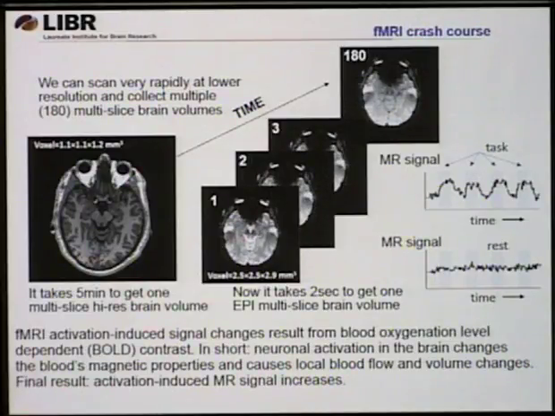But say, for example, we flash the subject with some visual stimulation. I told you about the visual cortex at the back; you see some colored stuff here. Nothing happens at first, and then the stimulus is shown here as a gray bar. That means that whatever the visual stimulus was, it's active here. After a few seconds, the MR signal goes up.